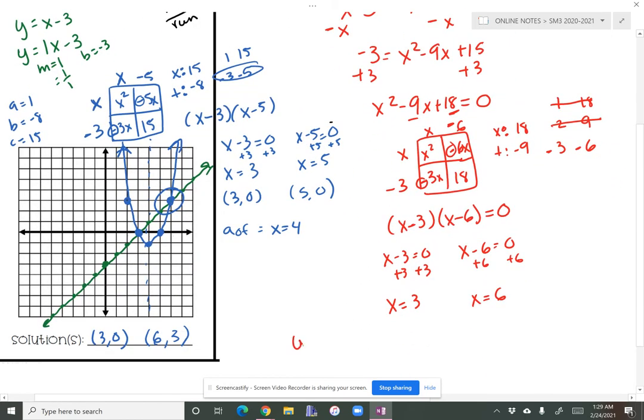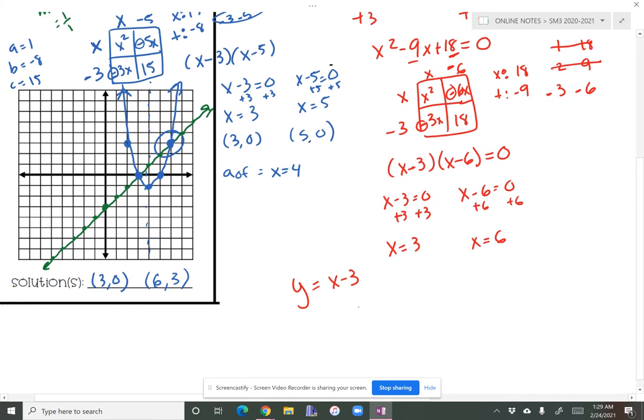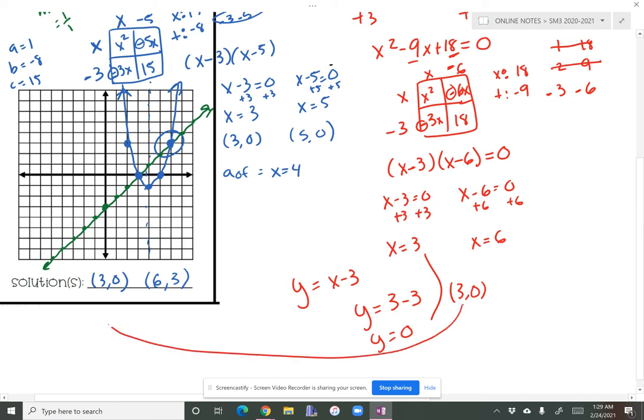So one of your equations is y equals x minus 3. Okay, so I'm going to find the y's that go with it. So if I plug 3 in, I get y equals 3 minus 3, which is y equals 0. And so from there, I get the point (3, 0). That's that answer. Okay. Then I do it again where I go y equals 6 minus 3, because I plugged this 6 in to this equation.